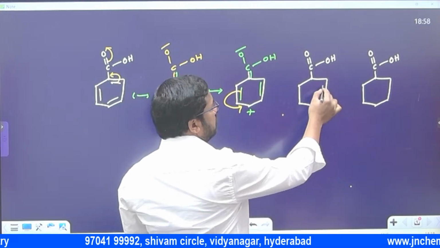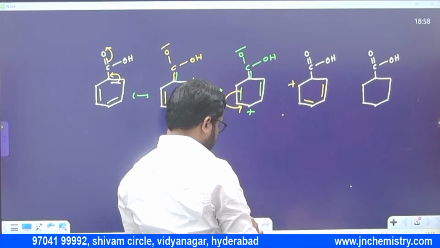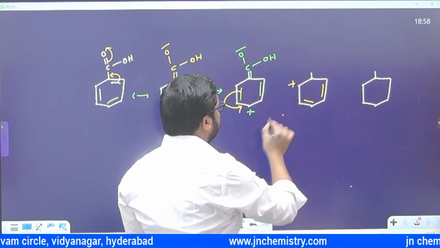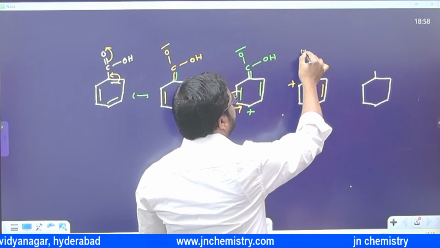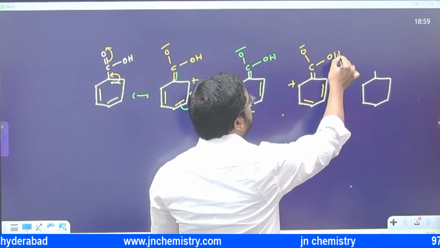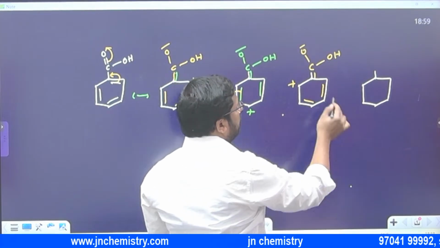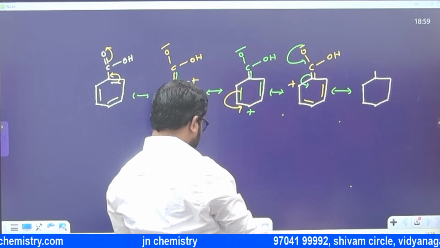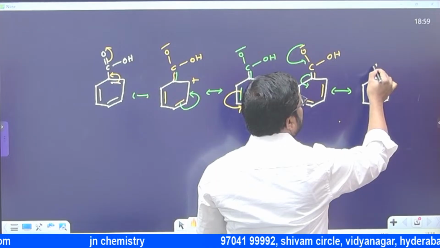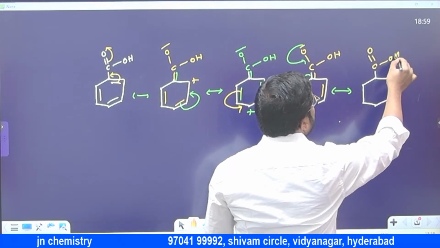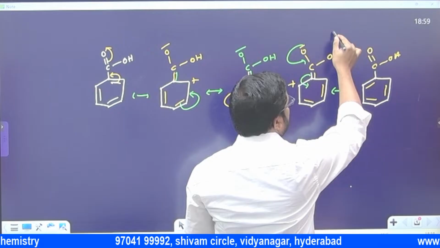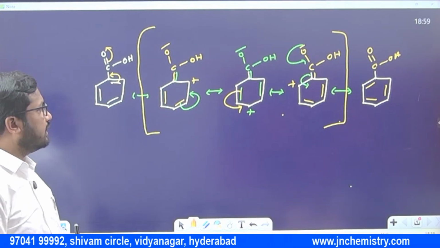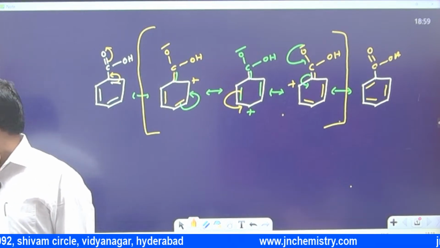Here is the positive charge, and so what exactly happens? C double bond O, OH. The last step, what exactly happens? Back. So C double bond O, OH. Now these are the resonating structures we will get. Write it down. Very important.